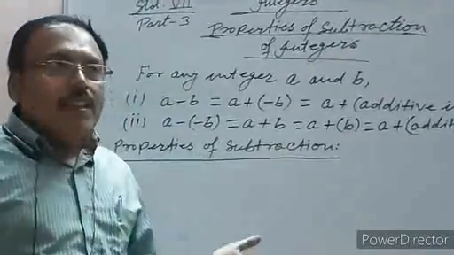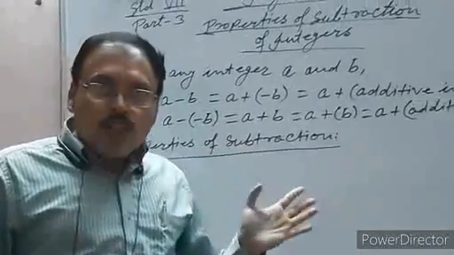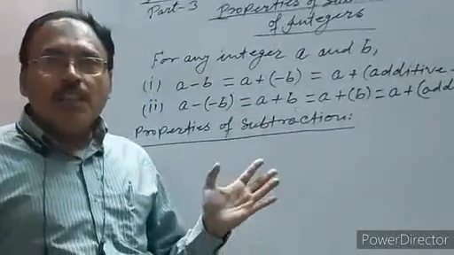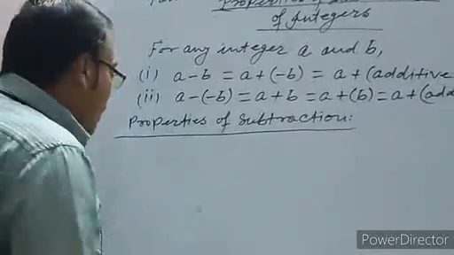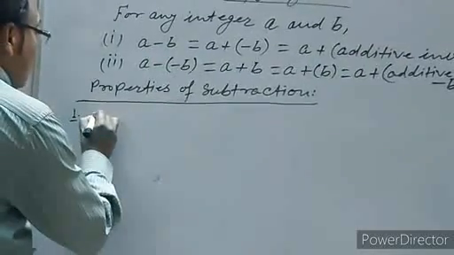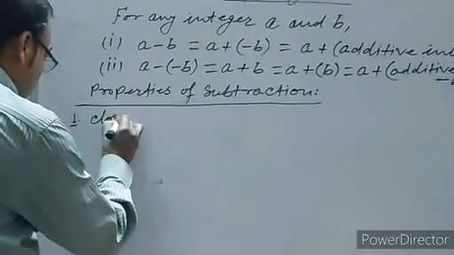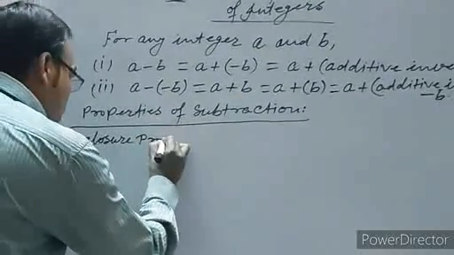So just like in addition, we have the properties here: closure property, commutative property, associative property, etc. So let us see here. First property, closure property.